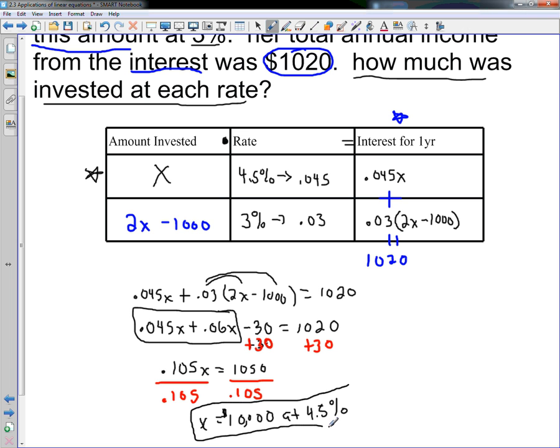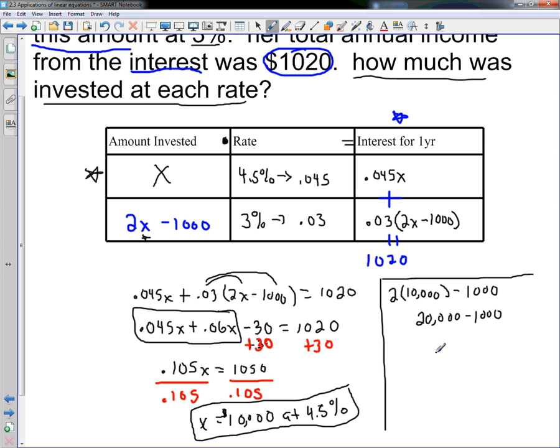To find the other one, we're going to plug in x here, and that will give us the amount invested at 3,000. So we have 2 times 10,000 minus 1,000. So we have 20,000 minus 1,000, and that gives us 19,000.